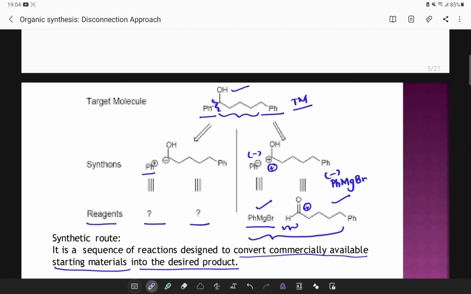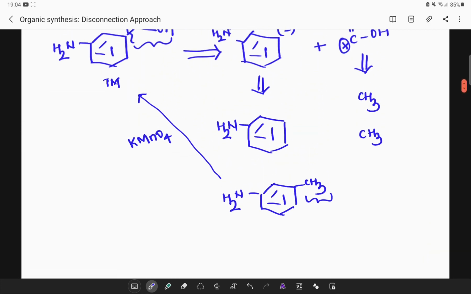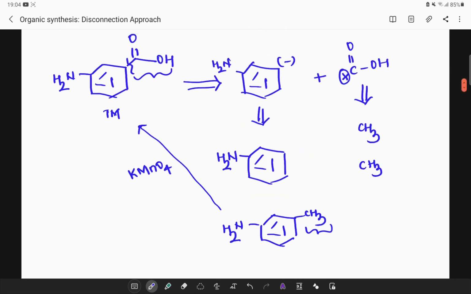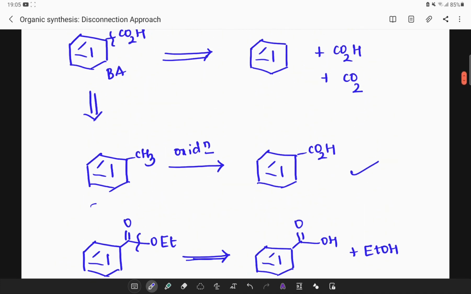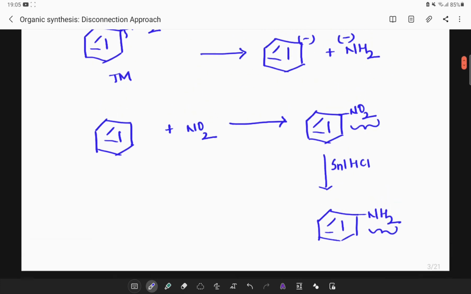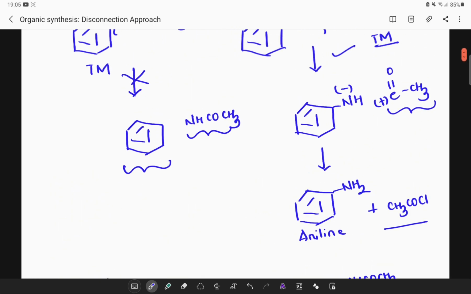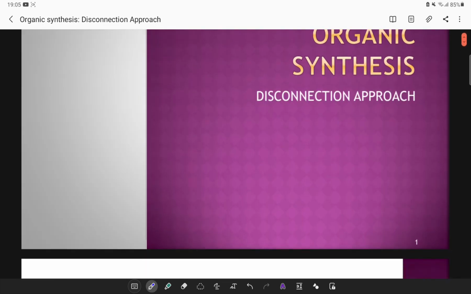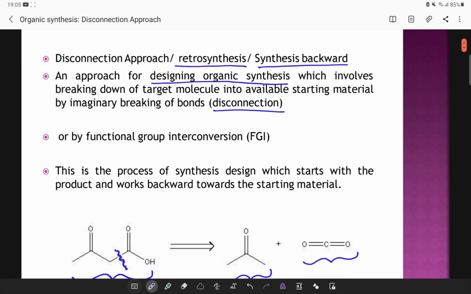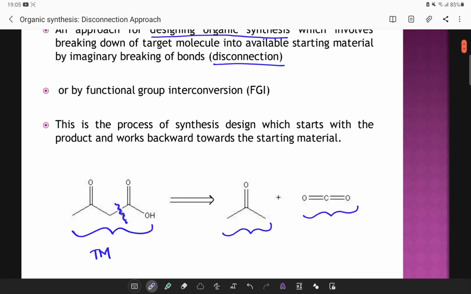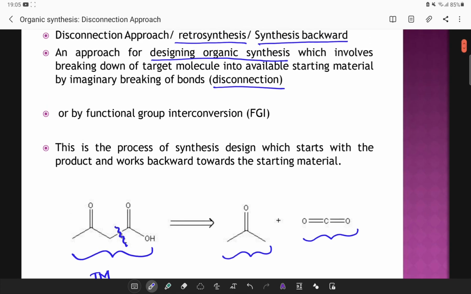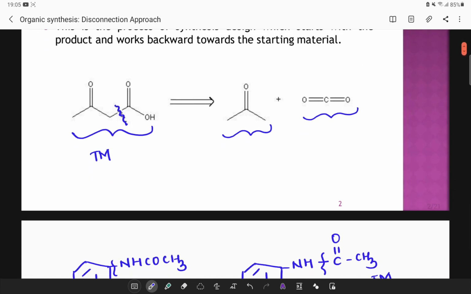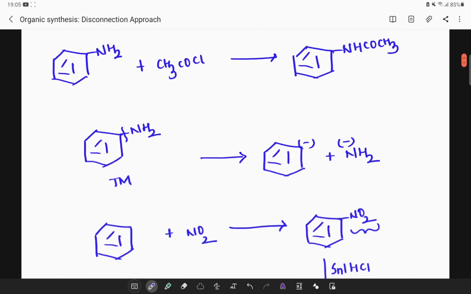In this session we have understood what a disconnection approach is and why we do it. We first understood why we do a retrosynthetic analysis, and how we do it, by breaking down the molecule or by doing a functional group interconversion.